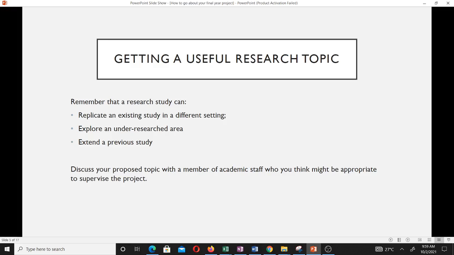So after you have brought up a topic, you have to discuss your proposed topic with a member of the academic staff who you think might be appropriate to supervise the project. In some cases, supervisors will already be assigned to you. So when you generate your topic, then you go to that particular person and you speak to that person about it.